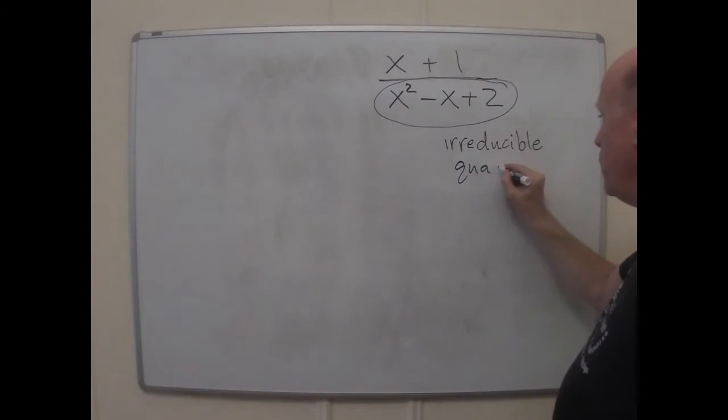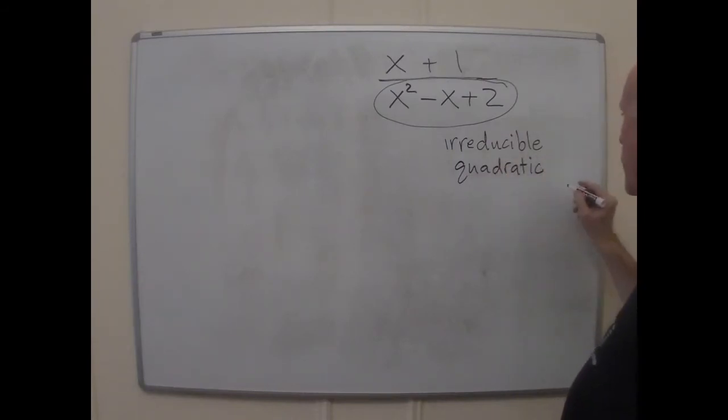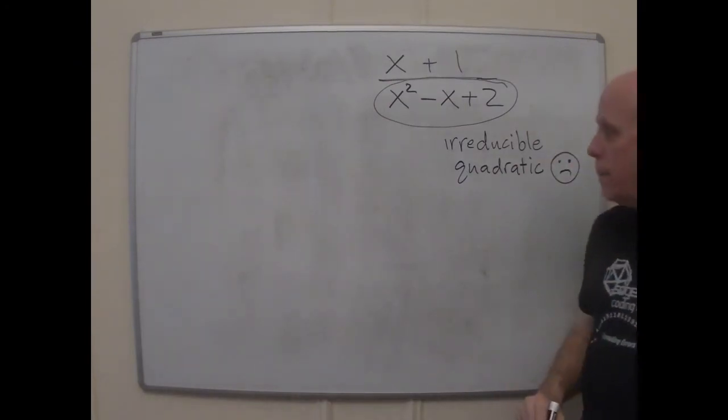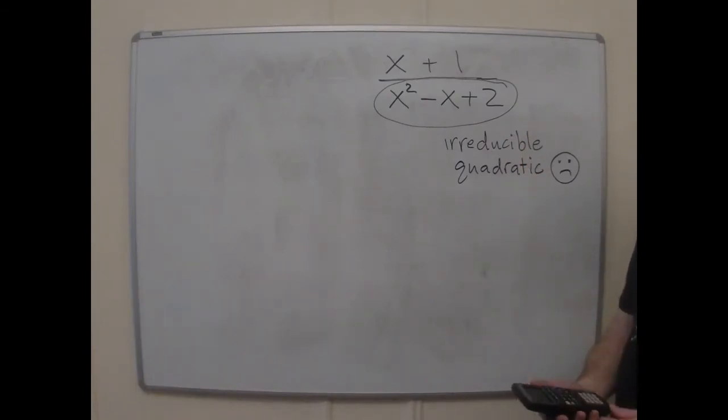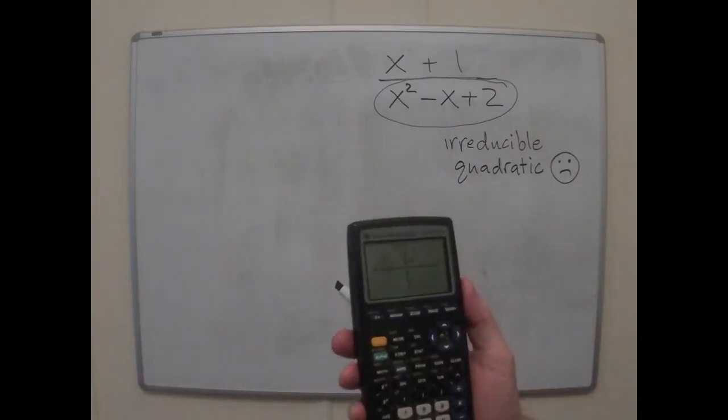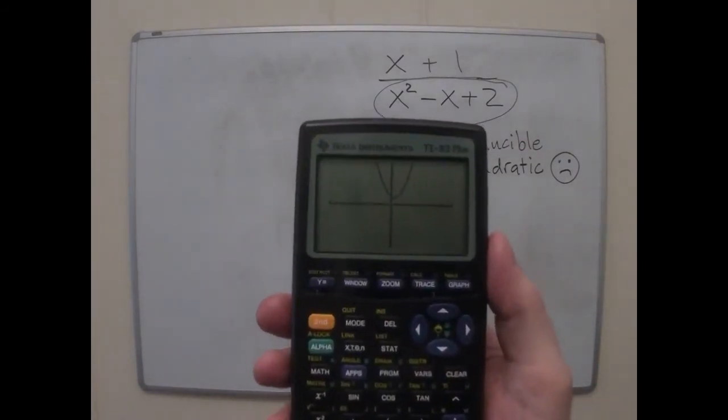And while that's fine, and eventually we're going to want to be able to deal with irreducible quadratics, right now it makes me sad. So what is an irreducible quadratic? This is something, again, you probably learned in pre-calc, if not back in high school. Here's a plot of that function.